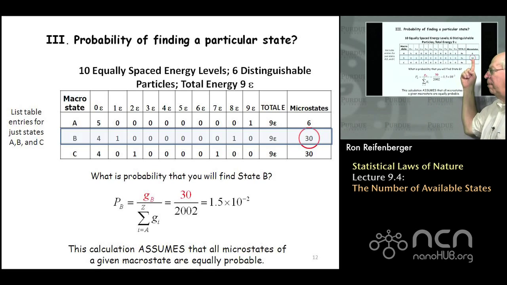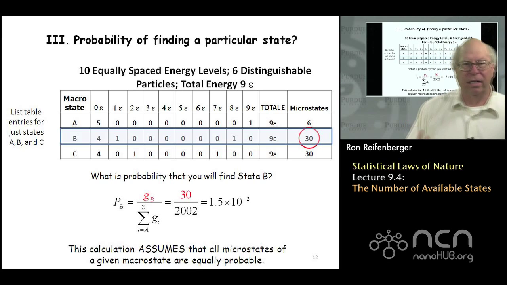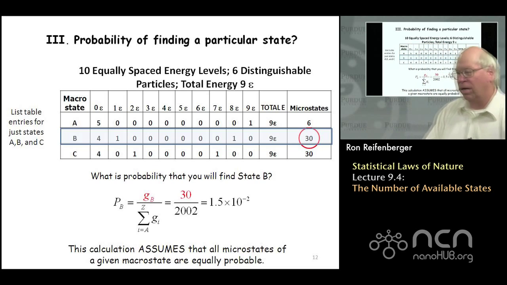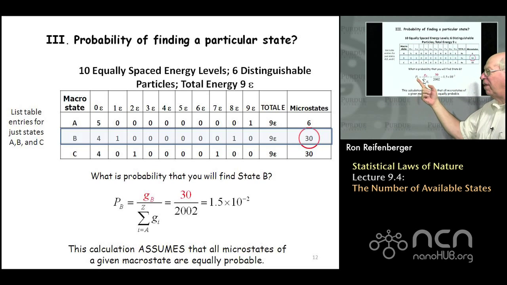Well, there are 30 microstates, 30 ways that you can achieve the macrostate B. There are 2,002 total ways that the system can rearrange itself within the constraints of the problem. So the probability that you would find macrostate B is just the ratio of 30 divided by 2,002, and it's about 1.5 times 10 to the minus 2.